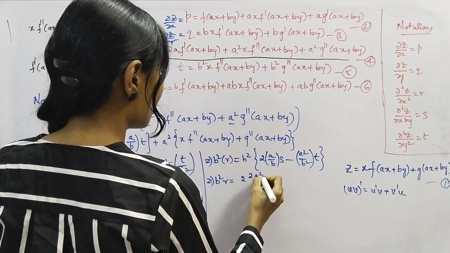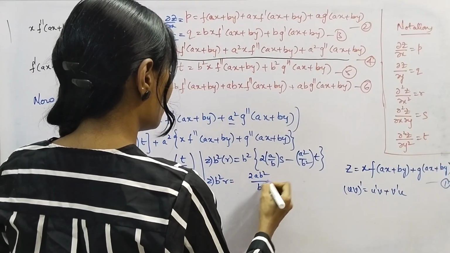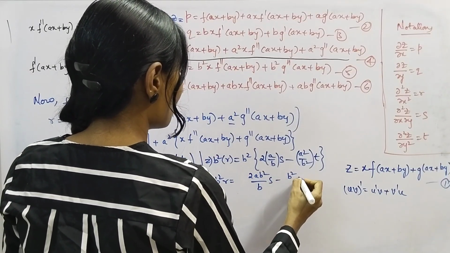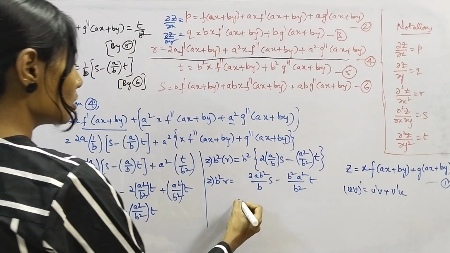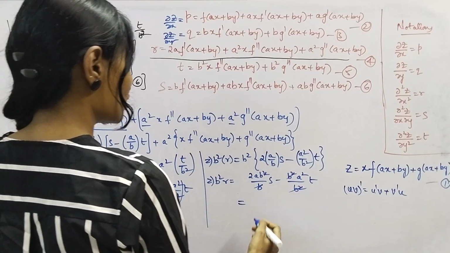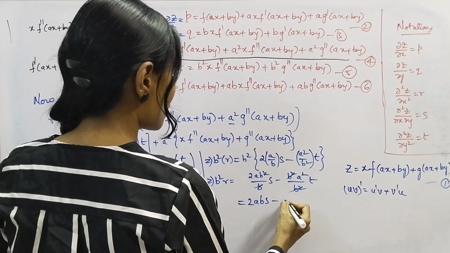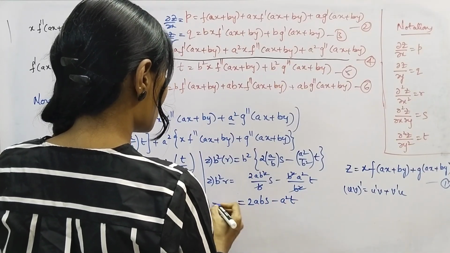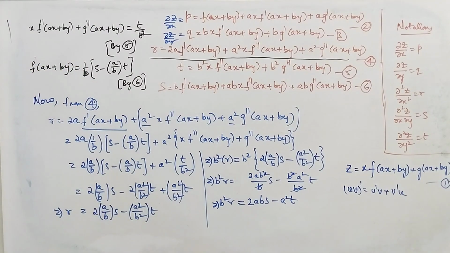Let's write it. 2ab square by b into s minus b square a square by b square into t. Okay, this is equal to, 1 b gets cancelled, b square gets cancelled, and you'll get 2abs minus a square t. So you got b square r equal to 2abs minus a square t, right?